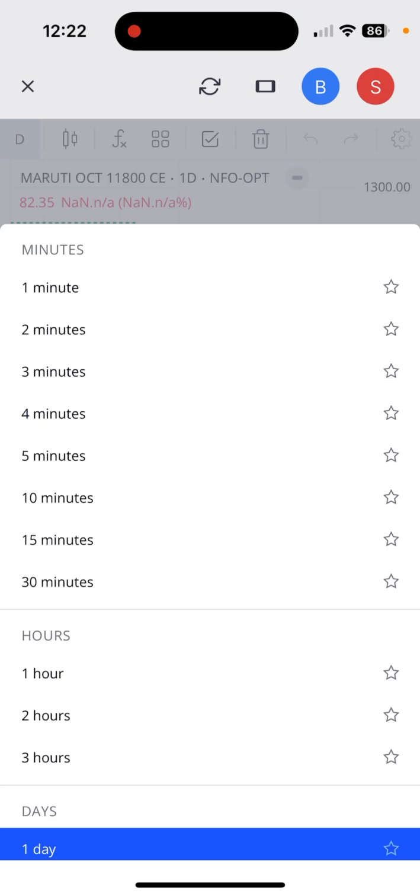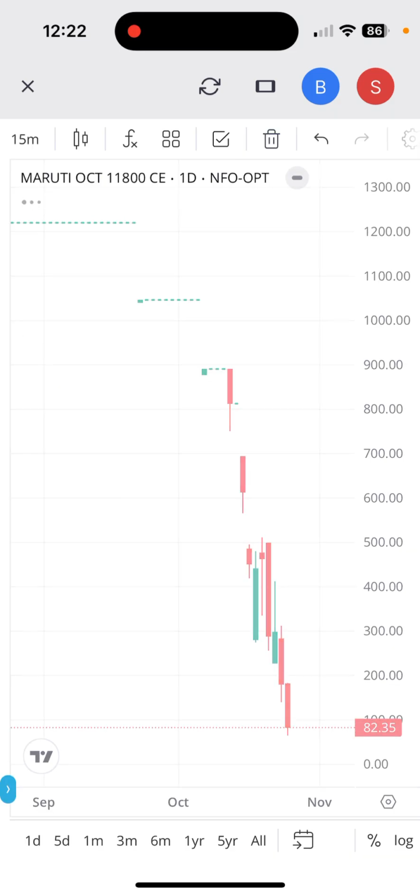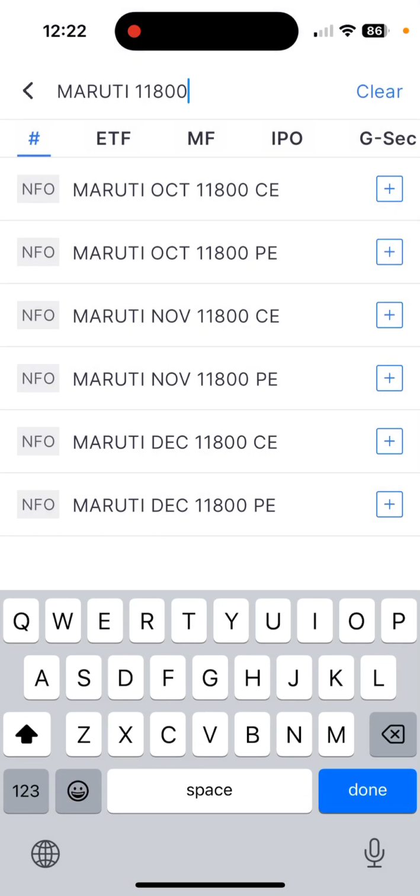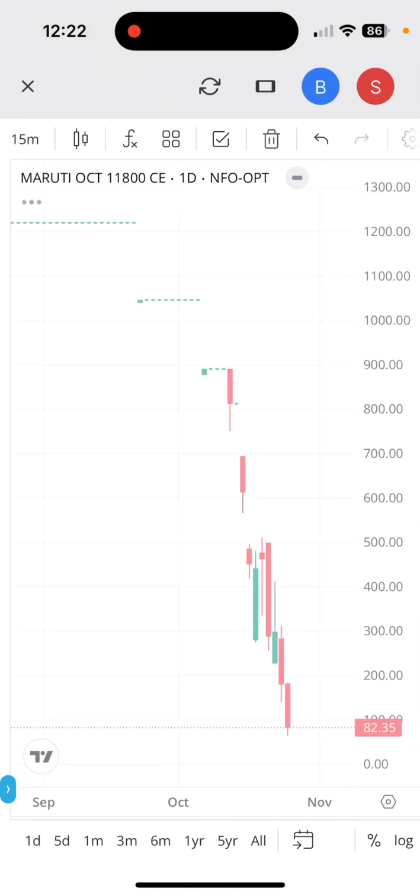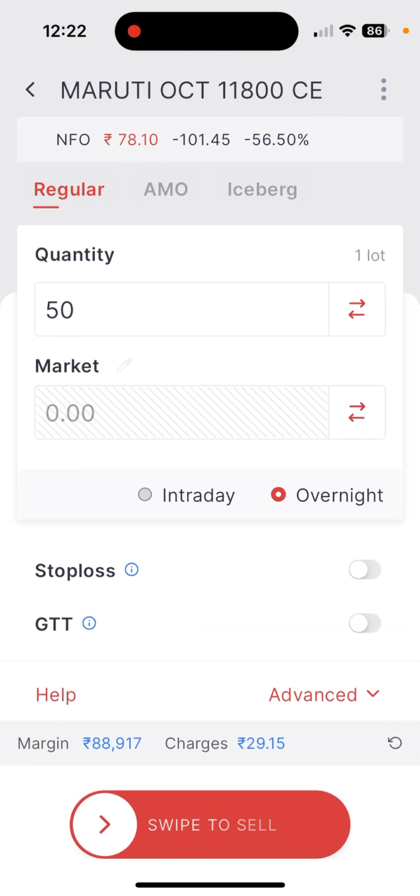So this is the 15-minute chart. And let me show you the option chain. This is 50, so 30 points means 1,500 rupees. This was for Maruti.